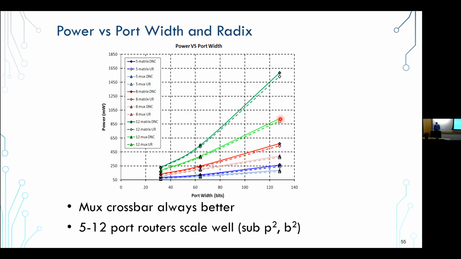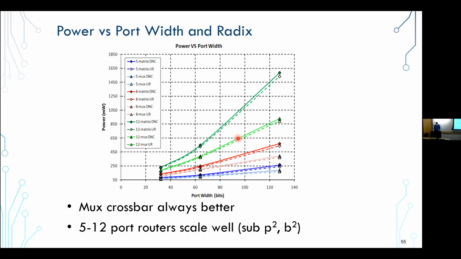And you also see a significant power difference between the mux and the matrix. Simply because, remember, with the matrix, all your drain capacitances of all the ports load the wire. On the other hand, you just have a wire that reaches some number of ports, right? So you can optimize it better.